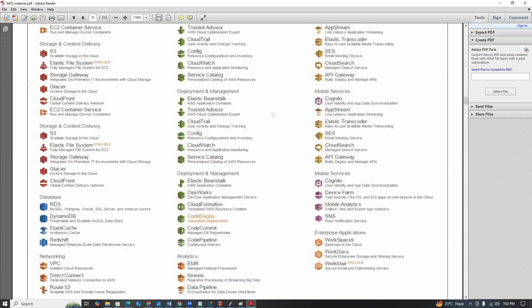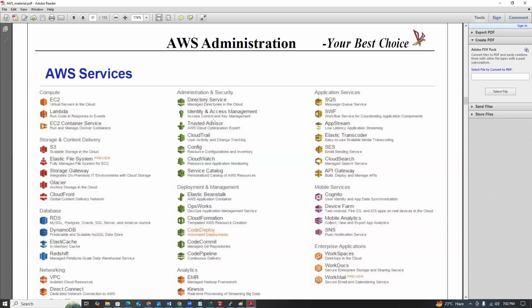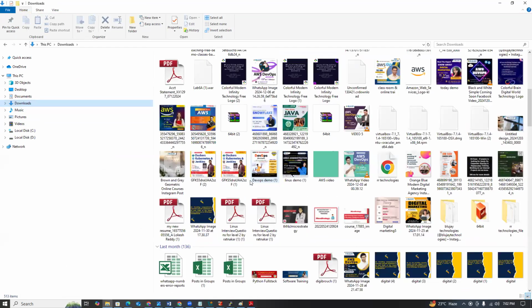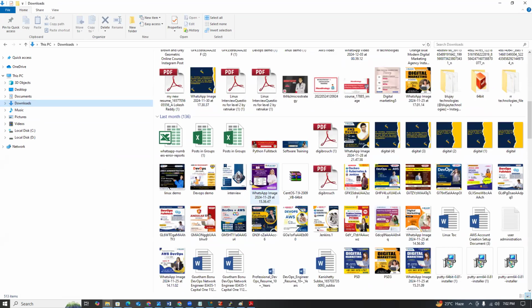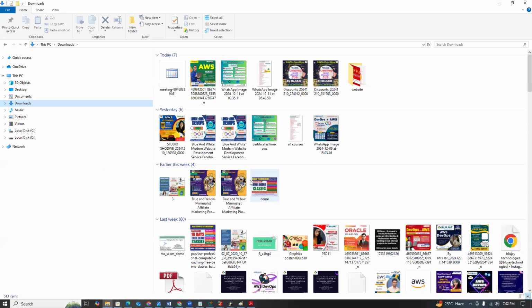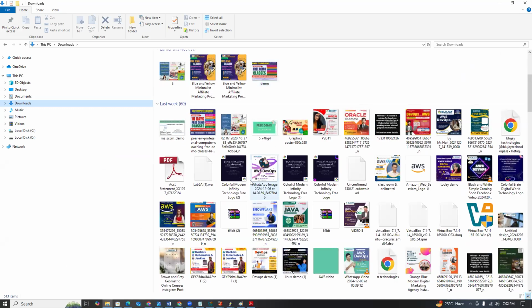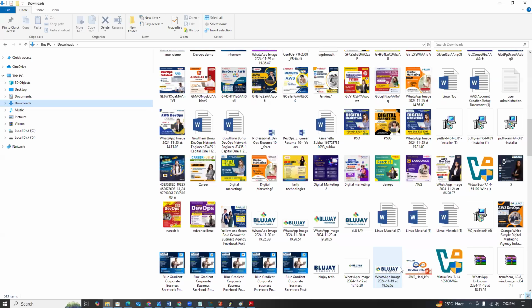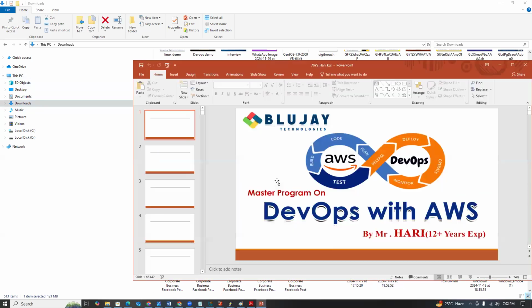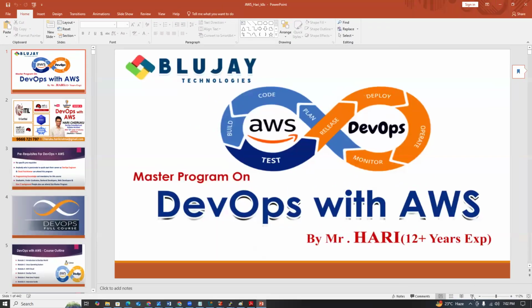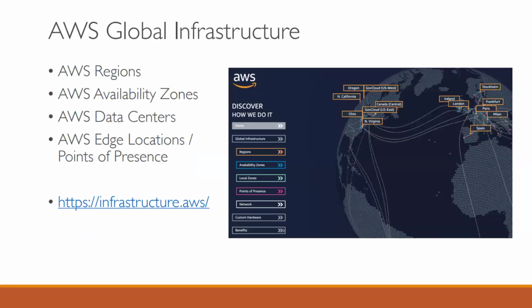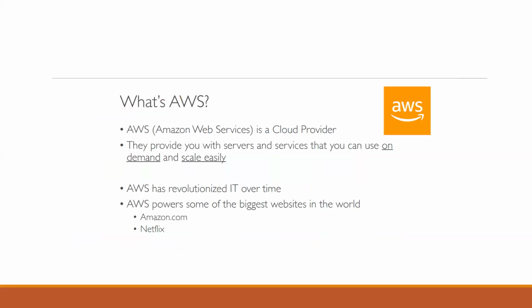So what are the AWS services? AWS services are things like the EC2 service, storage services, networking.